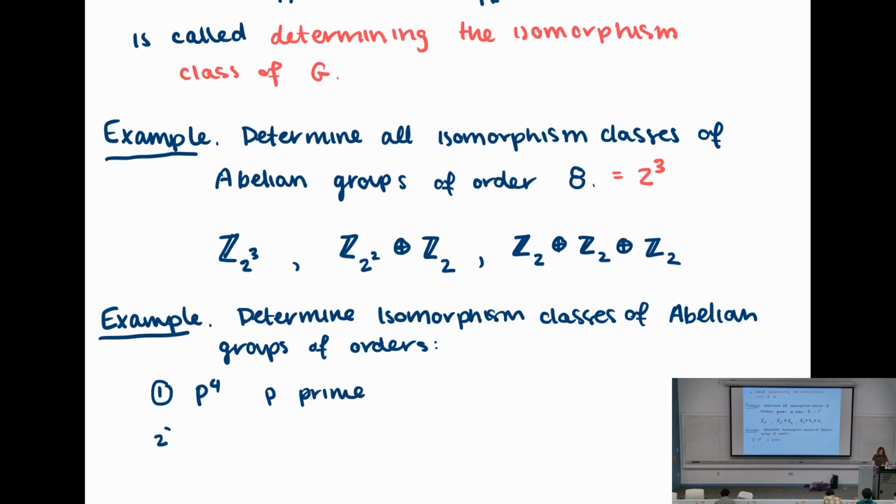And then the second one will be p cubed q r squared, where p, q, and r are distinct primes. Okay, so I'll give you a few minutes to think about this. And then I have a little demonstration to show you.